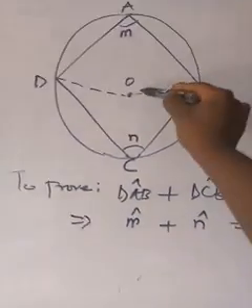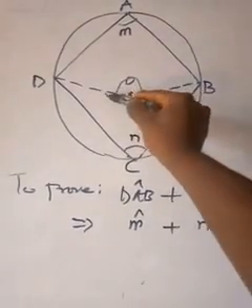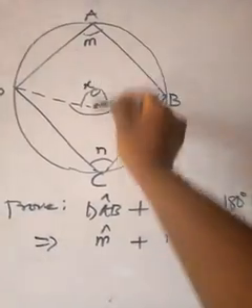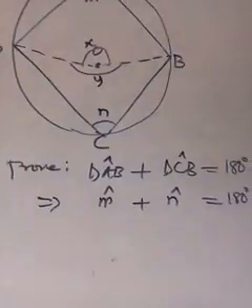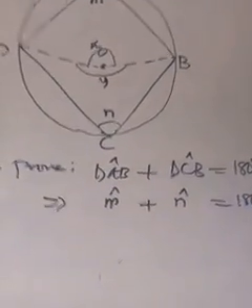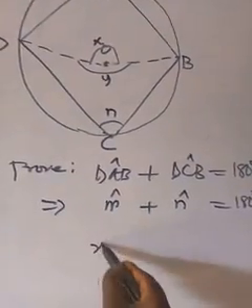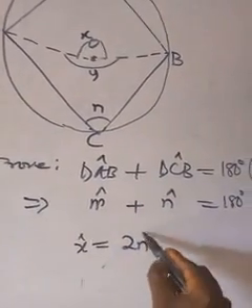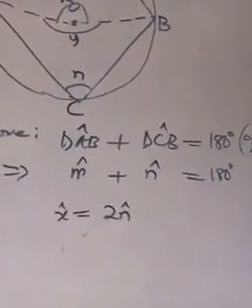Now, if you look at this, this is an angle at the center. This is another angle at the center. If you put X here, then we put Y here, you will see that from Theorem 2, which says that angle at the center is twice angle at the circumference, angle X is going to give us 2N.